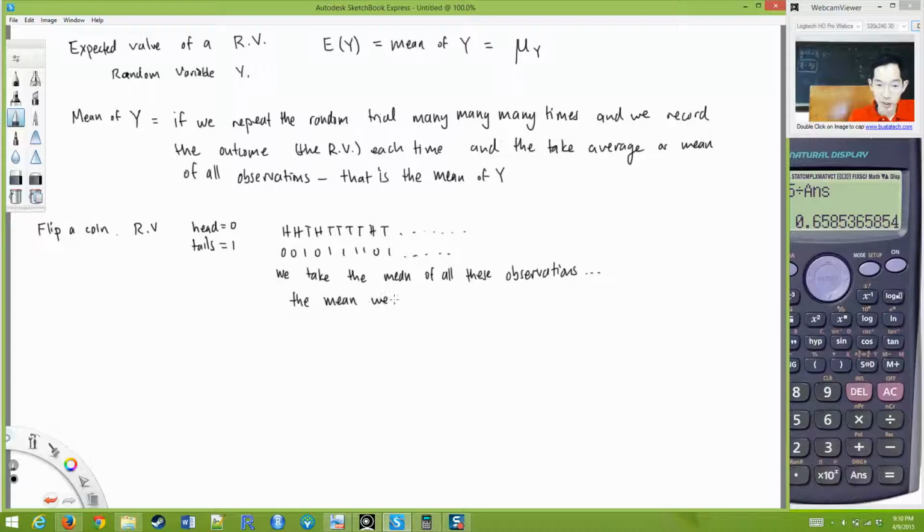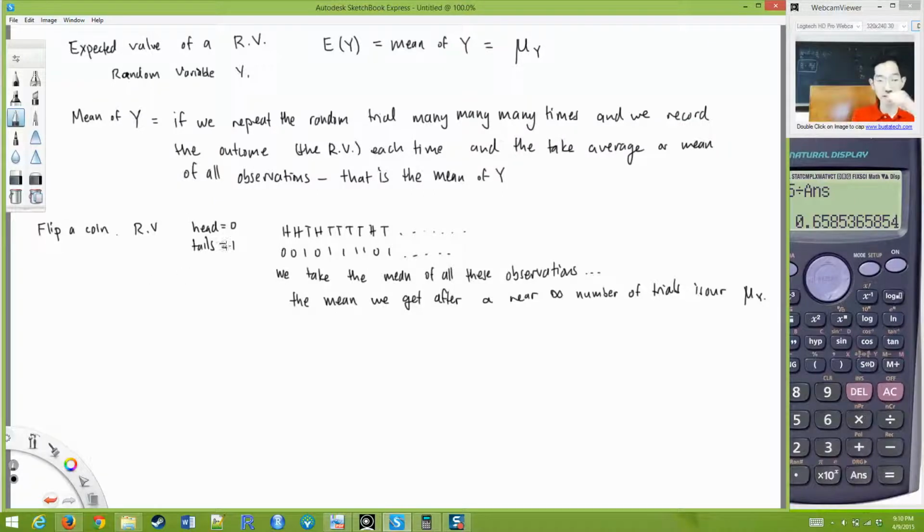The mean we get after a near infinite number of trials is our mu of Y. So what would the expected value of this random variable be, flipping a coin?